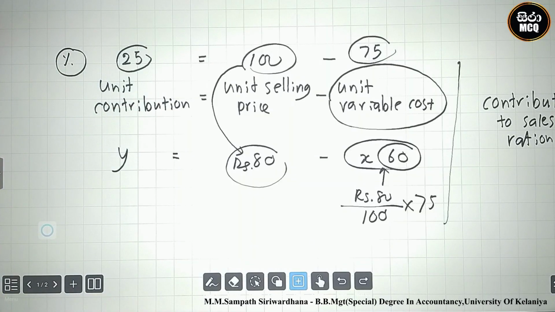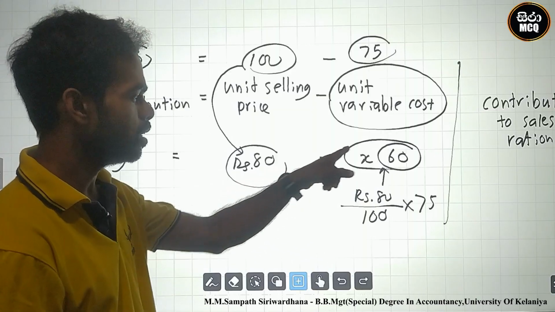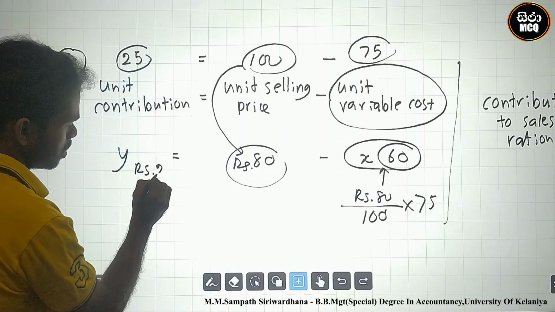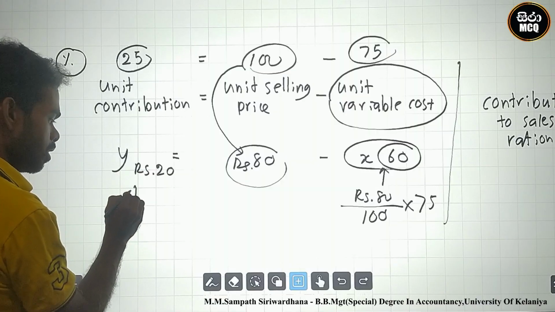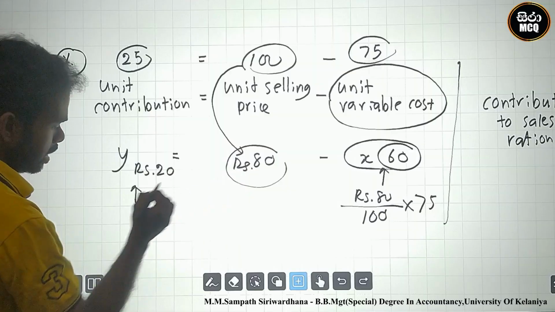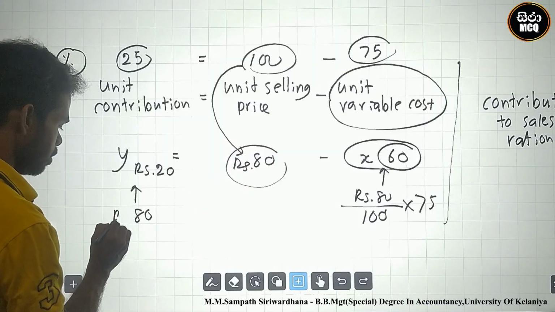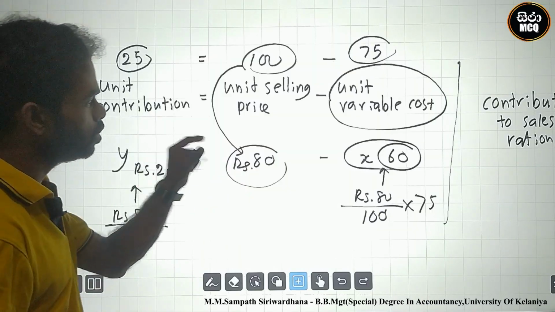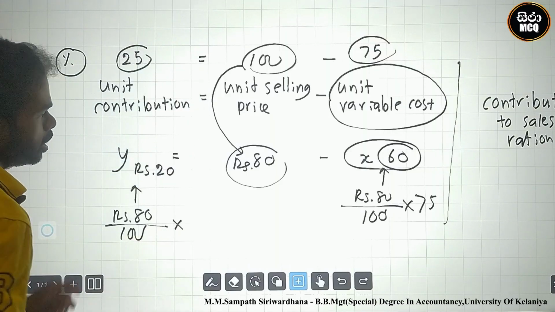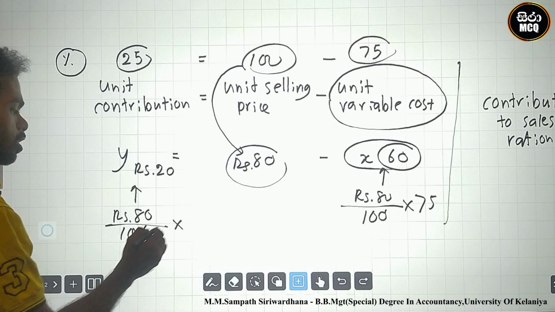How can we calculate unit contribution? 80 minus 60 is 20. There is 20 rupees. We can also calculate it like this: 80 is the unit selling price, divided by 100, multiplied by the required percentage 25.